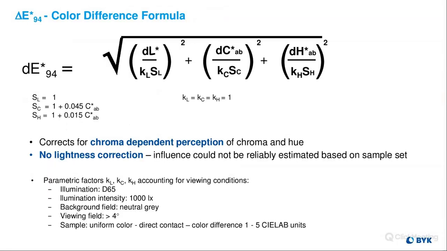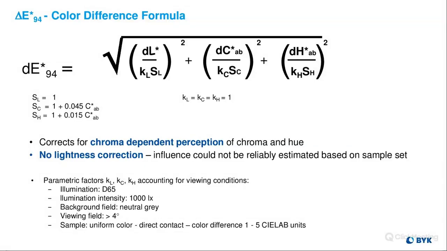So here's the equation. For this, your KL, KC, and KH are all your application factors, and normally these are set at 1. Then your S factors are the only thing that's variable, and they're based on the equation.